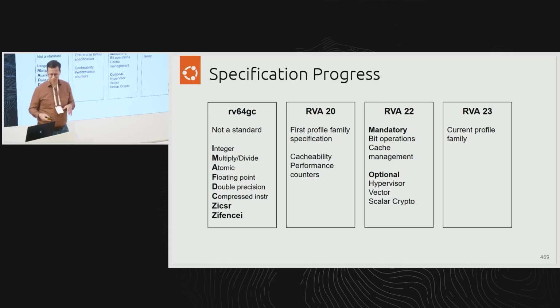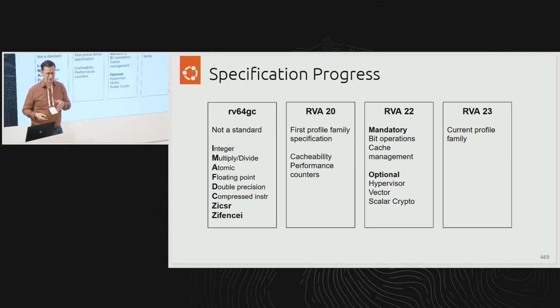They had the first version of a standardized ISA, RVA20, that was published, I think, in 22, and then they also published RVA22, which had more instructions like cache management, and also optional vector and hypervisor.